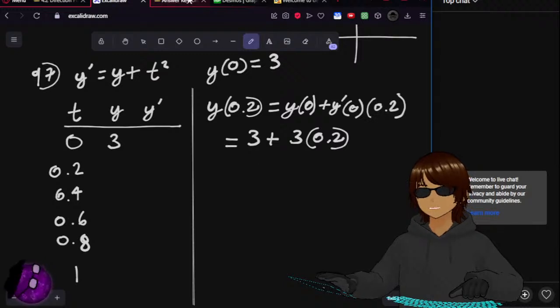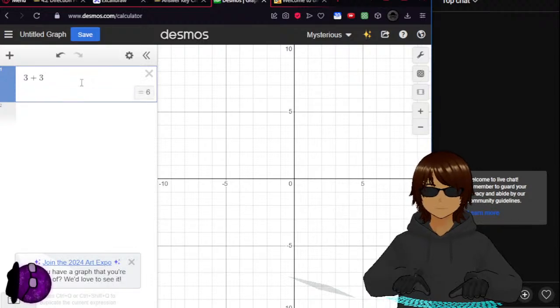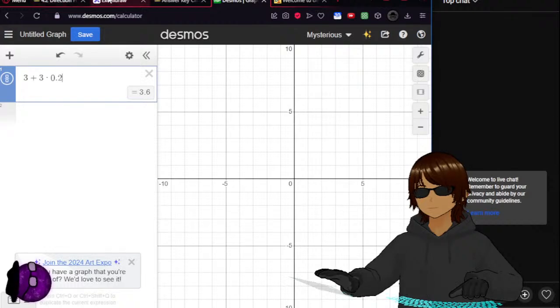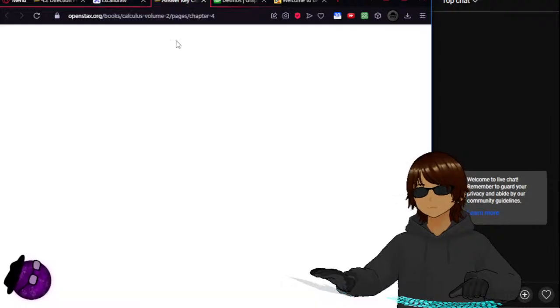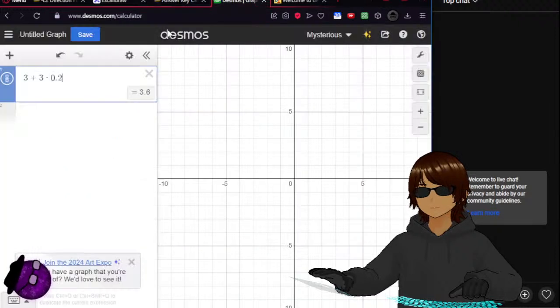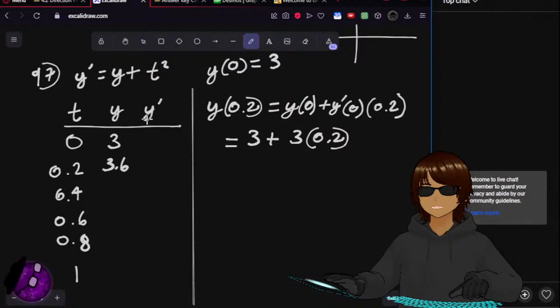Three plus 3 times 0.2, just write it here. This is 3.6. The first one was correct.